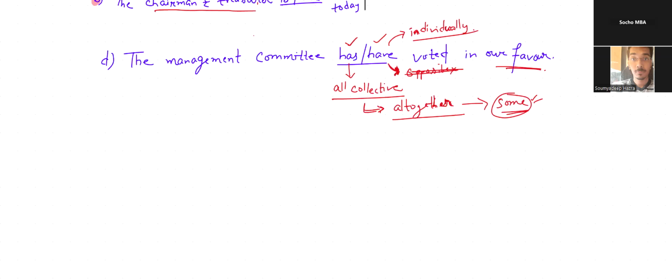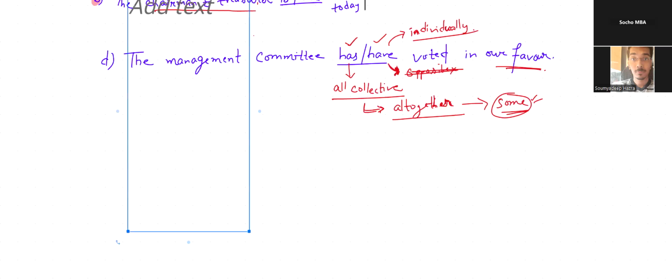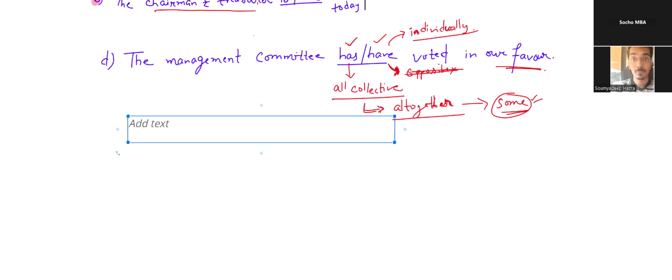Okay, now there is another rule, right? Take these examples for example, right? This is the first sentence. Okay, I hope the size is okay.